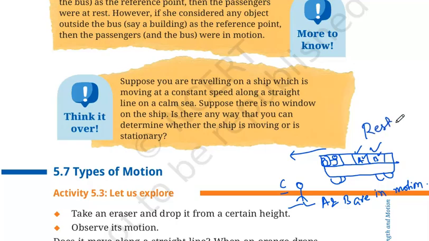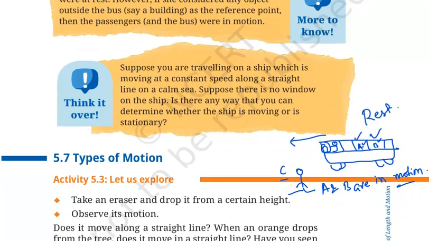So a body is said to be in motion when it changes its position with respect to its immediate surrounding or a reference point. Whereas a body is said to be at rest if it does not change its position with respect to its immediate surrounding or a particular reference point. I hope I've made the definition of rest and motion clear to you all.